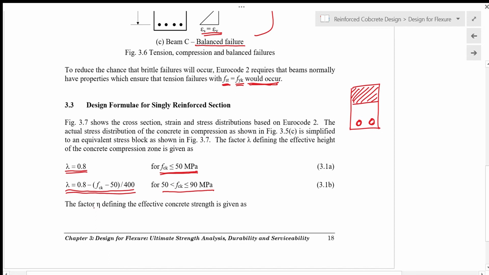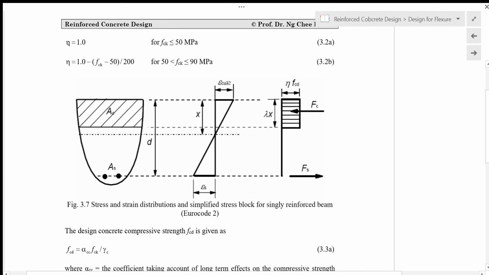The factor eta will be defined as given on the following page. Eta is equal to 1 for concrete strength of 50 megapascal or less, and eta is a function of concrete characteristic strength for concrete more than 50 megapascal and up to 90 megapascal. These are the illustrations that I mentioned just now.